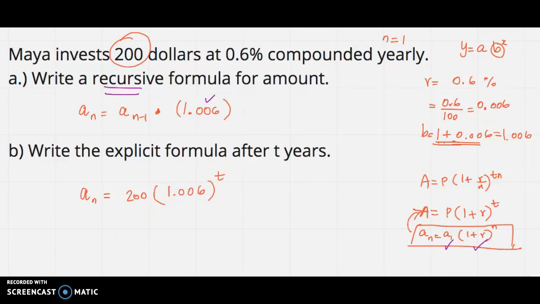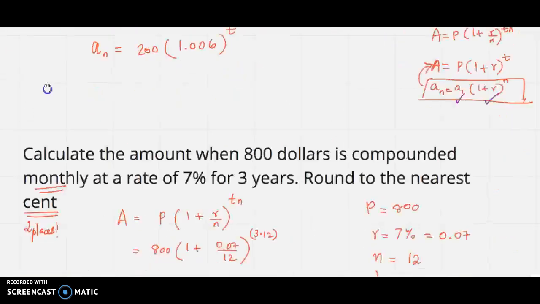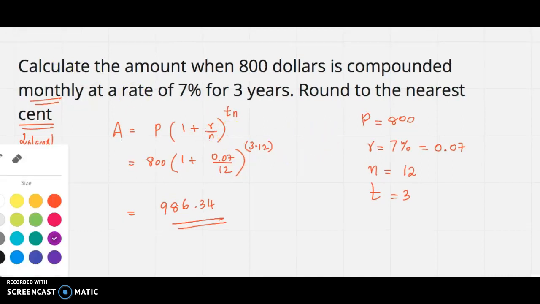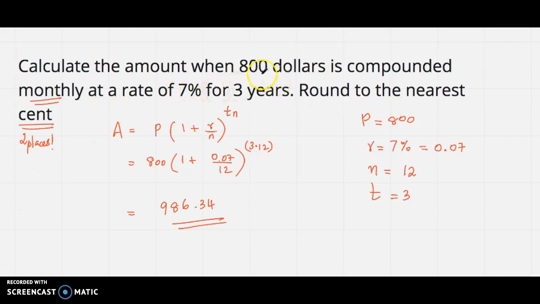And I've also done an extra problem. Pretty much self-explanatory. There is $800 compounded monthly at a rate of 7% for 3 years. P is 800, rate is 7%, 0.07. n is 12 because it's compounded monthly.